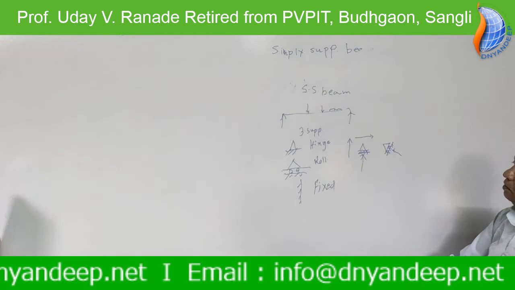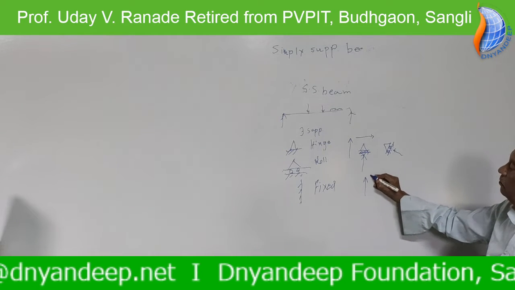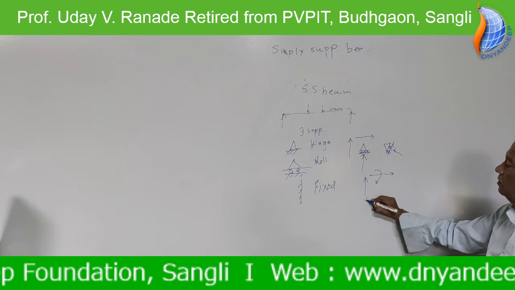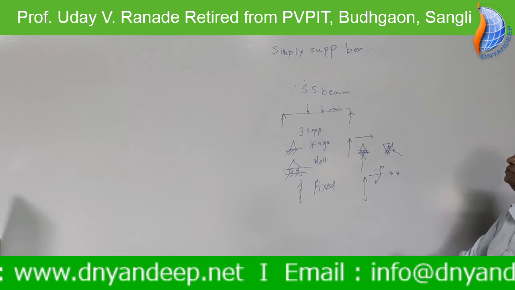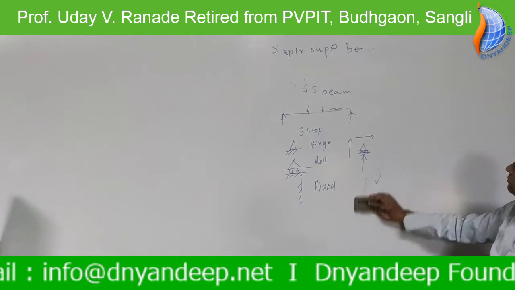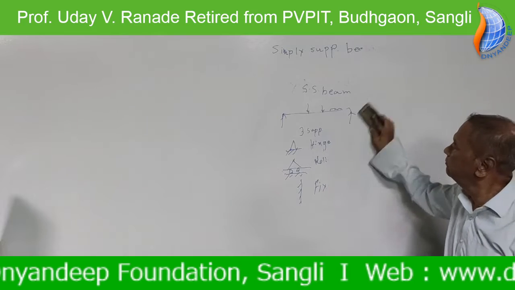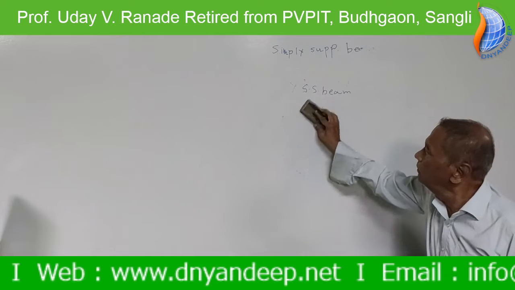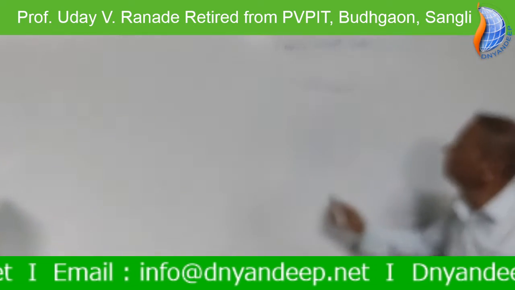Now fixed support. For fixed support, there are three reactions: vertical reaction, horizontal reaction, and moment. Vertical reaction, horizontal reaction and moment. Now first we will take simple example. I will give example with magnitudes so that you will understand better.